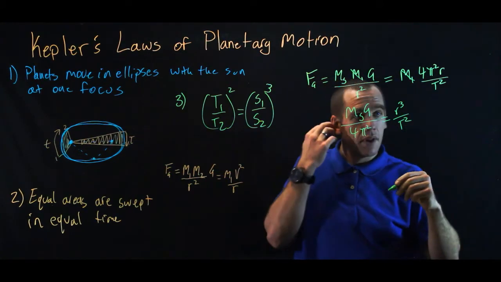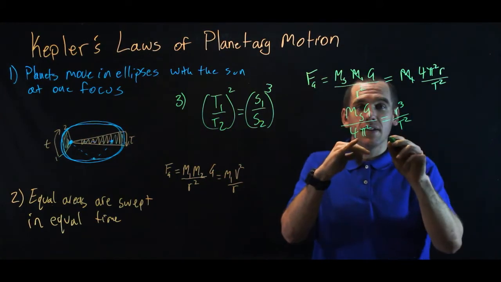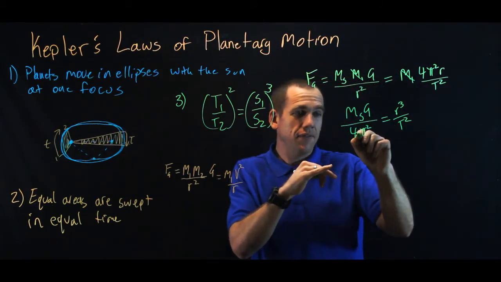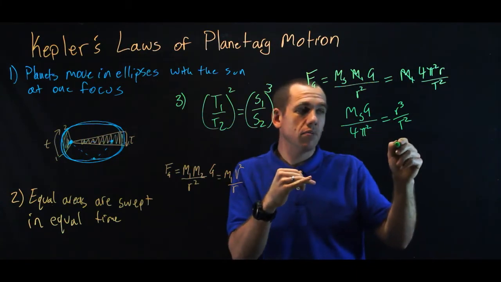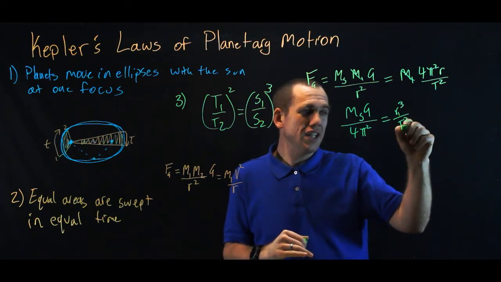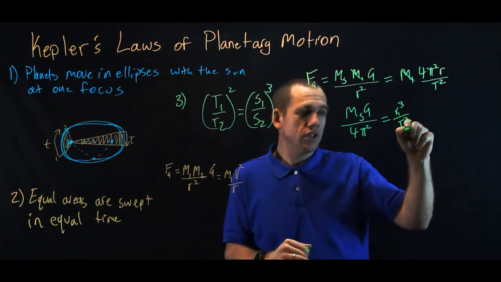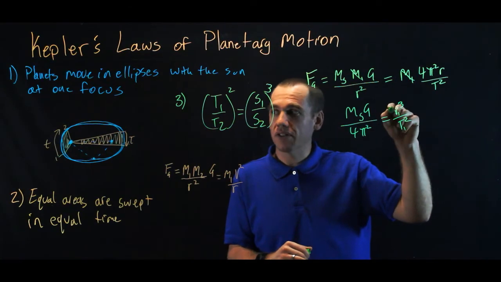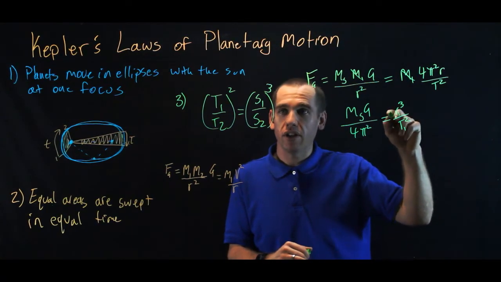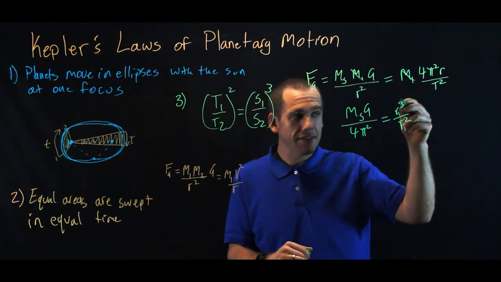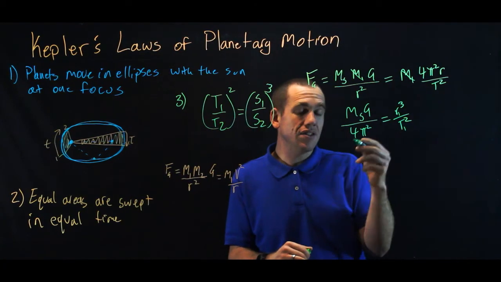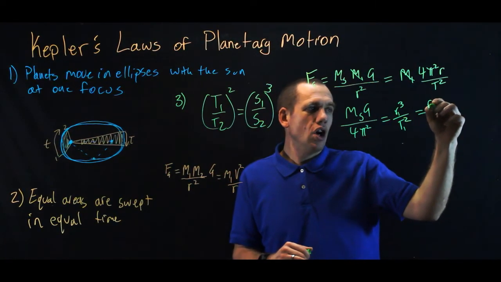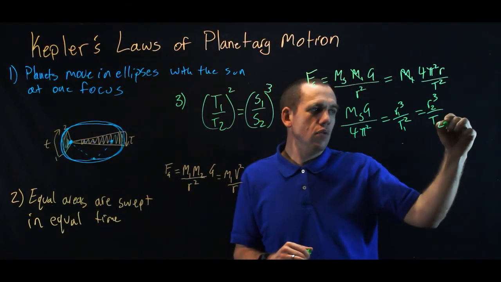What that tells us is that the mass of the sun, G, and 4 pi squared are constants for every planet orbiting the sun. That's equal to r1 cubed over t1 squared, where t1 is the period of that planet and r1 is the mean distance from the sun. It's not a perfect circle, but we average that and call it the mean distance s instead of r. For a second planet, we would have exactly the same thing, r2 cubed over t2 squared.